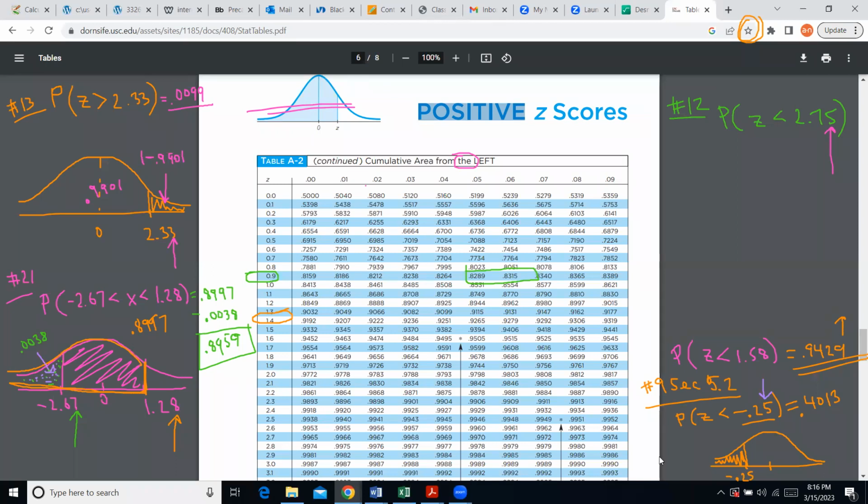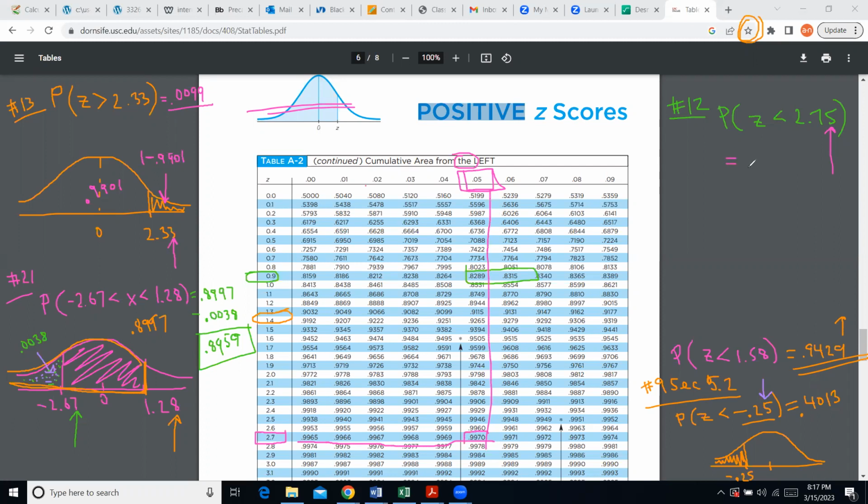So let me get this 0.5, it's right here, 500s, and then 2.7, positive 2.7 is over here, right? So where do they intersect? The row and the column. It looks like they intersect right here. And that's going to be our answer.